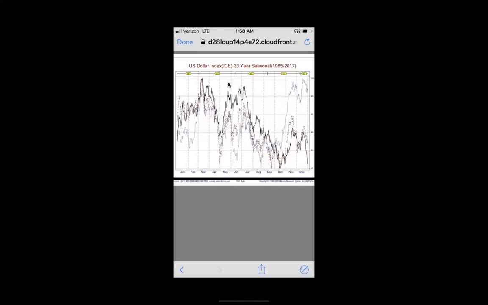Because if you go back and you back test this theory right here, you're going to see some years on these months right here, there's no PD arrays or price is doing the opposite. So it's not a guaranteed thing. You only do it when you are given a higher time frame PD array, okay? So dollar down on the seasonal during these 3 months. Cable was super strong on the seasonal during those 3 months.